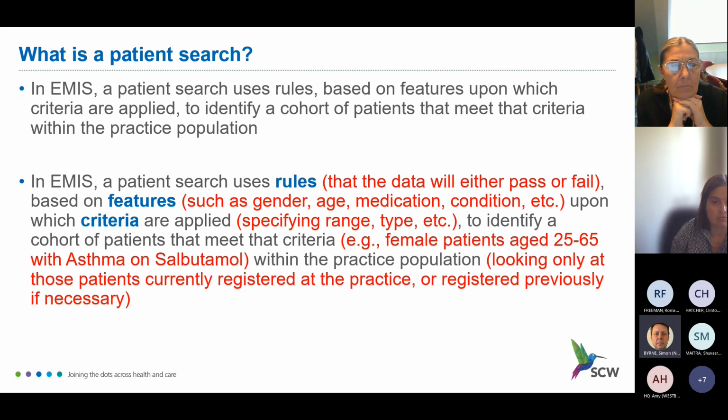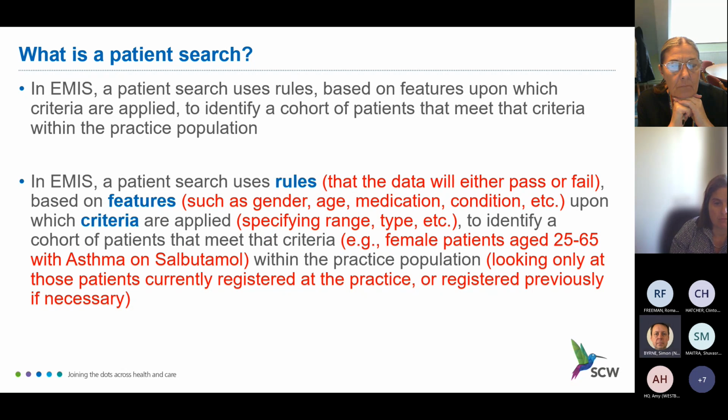But the main three things, I guess, I've put in the blue text there. So searches use rules, and the rules are based on features, and they use criteria that are applied. So the rules are things that the data has to pass or fail. Okay.